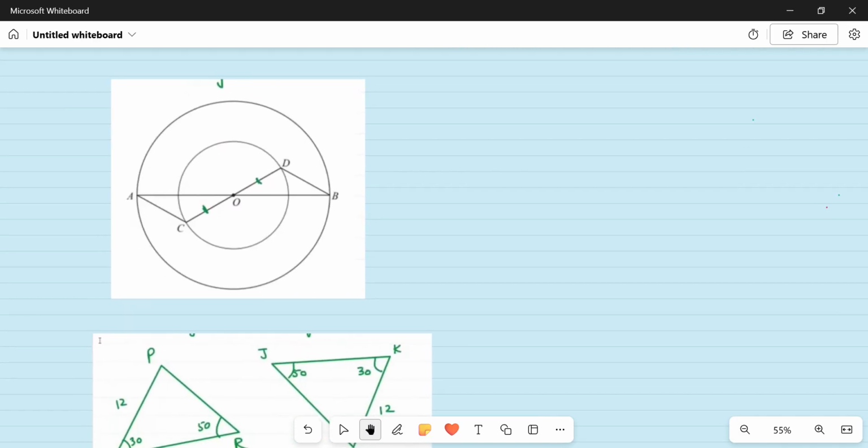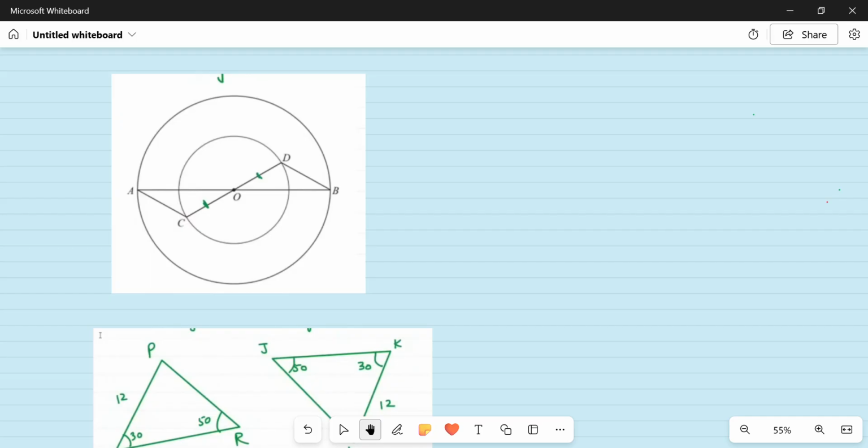Now the second example is here. It says SAS. We can prove that two sides and the included angle are equal.